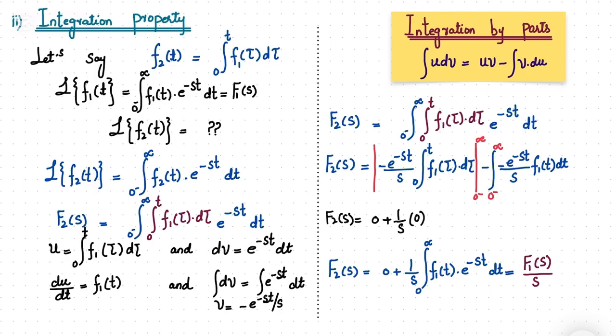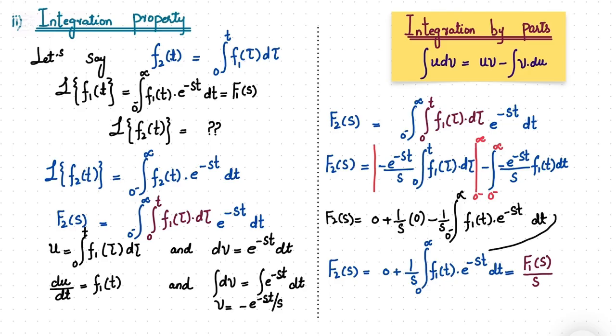So this complete factor, when we substitute the limit, results in 0, and minus the integral from 0 minus to infinity as it is. We can take this minus 1 over s outside the integral. So the rest of the thing is f1 of t times e raised to power minus st dt.